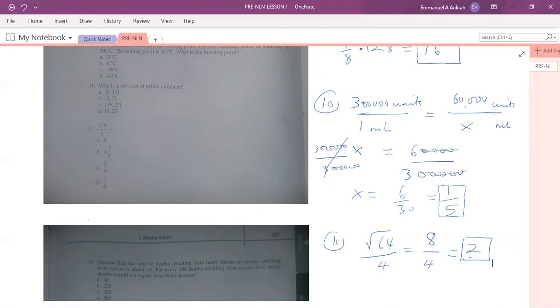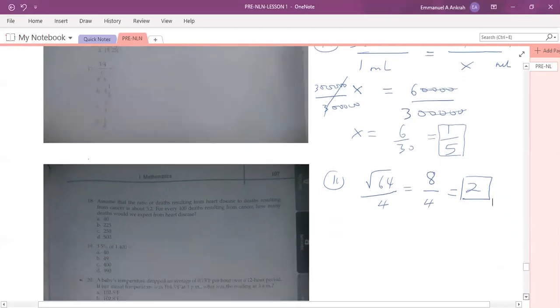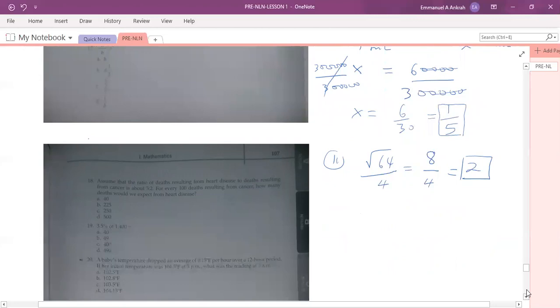Look at number 12. So what do you think we should do for number 12?